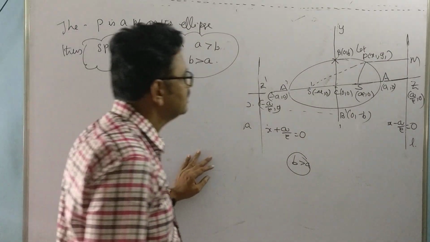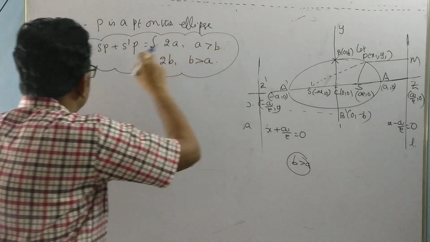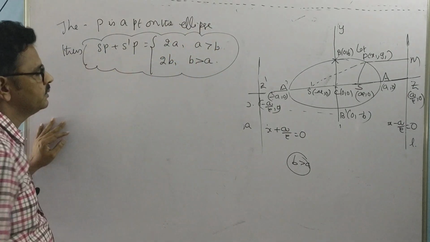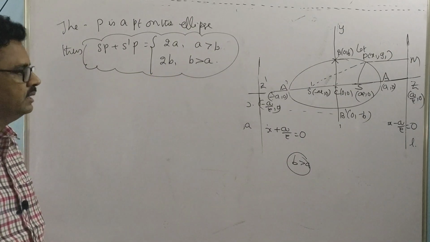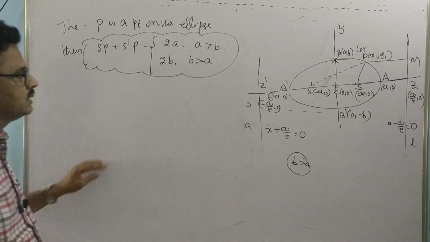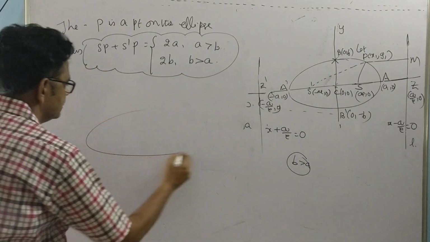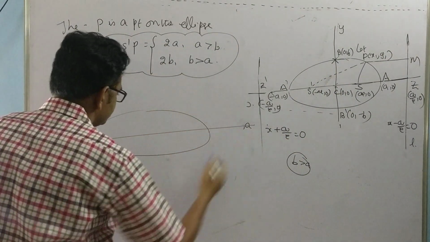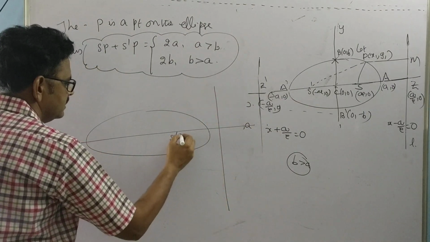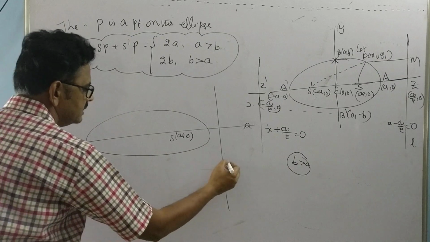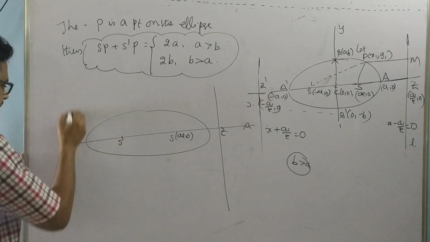That is the sum of the focal distances. P is a point on the ellipse, then SP plus S dash P equal to 2A if A greater than B and 2B if B greater than A. Once again I can draw the figure. This is focus AE comma 0, and this is S dash.